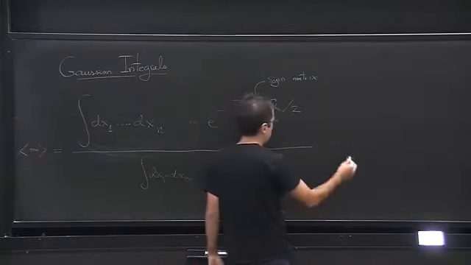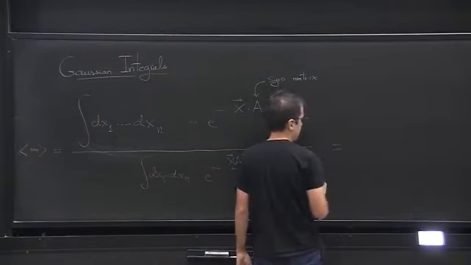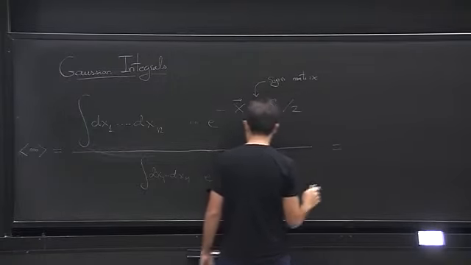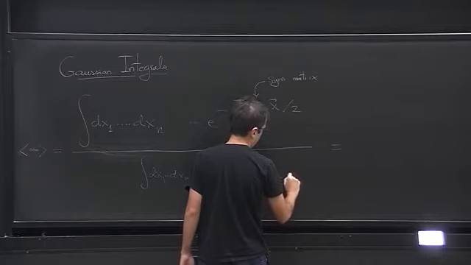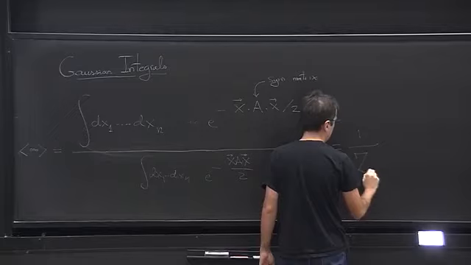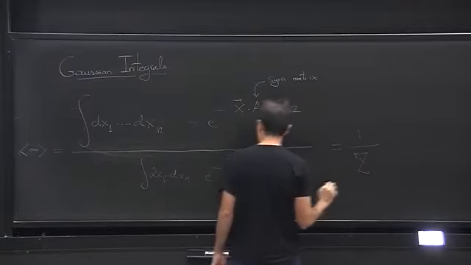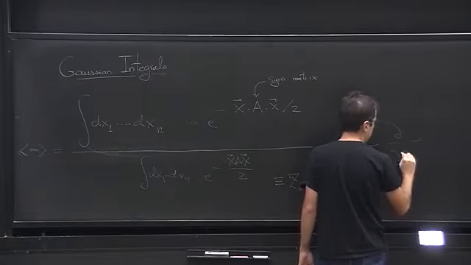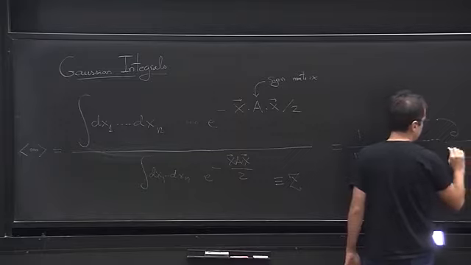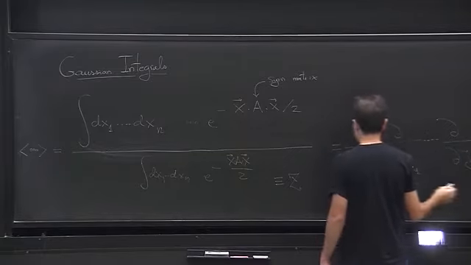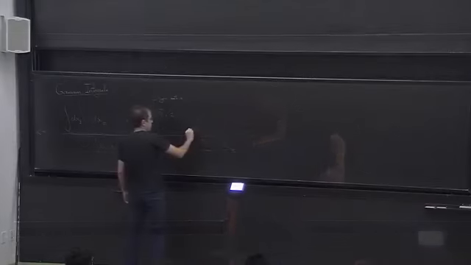And we said that one way of doing this is by saying that this is the same. If I call this bottom integral here Z, we can say that this is 1 over Z times derivative with respect to some auxiliary current j_i1, up to derivative with respect to j_ik.